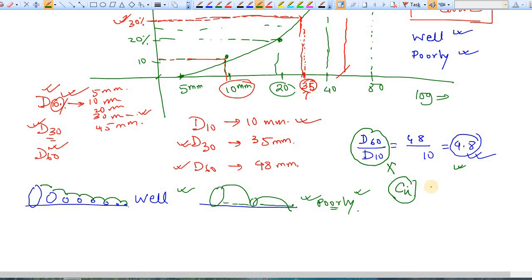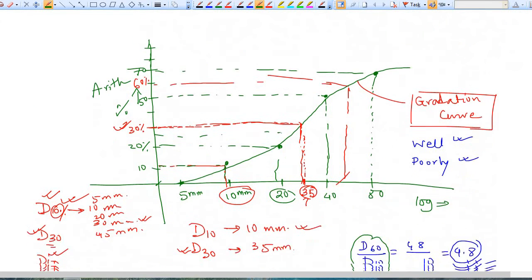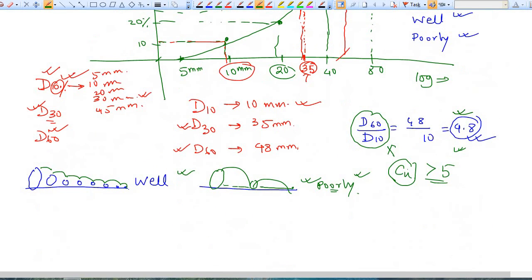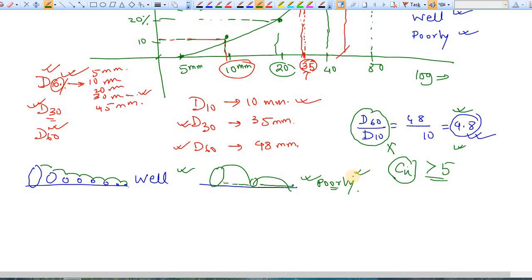If the CU value is more than 5, this indicates that this gradation curve is well graded. Here it is 4.8, so it is not a well graded curve. That's why you have to find D60 and D10, and this is all about your gradation curve.